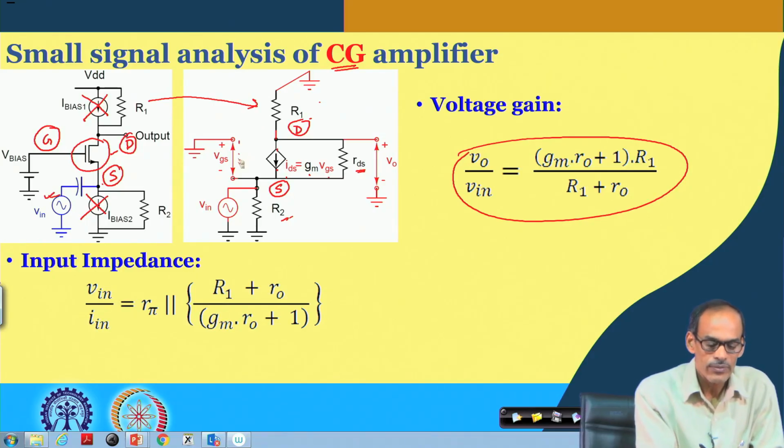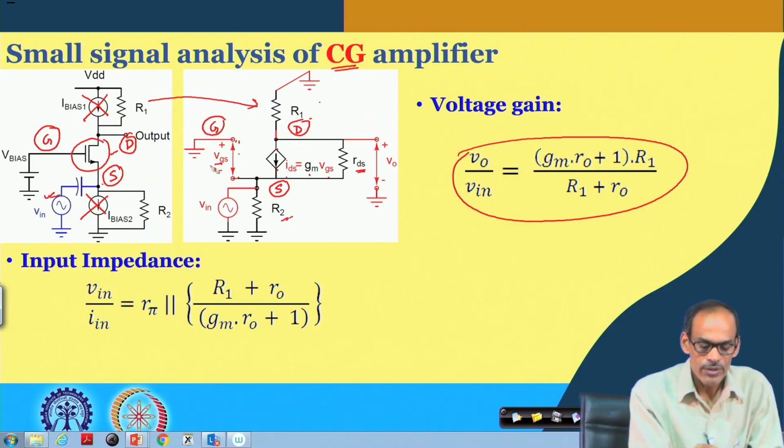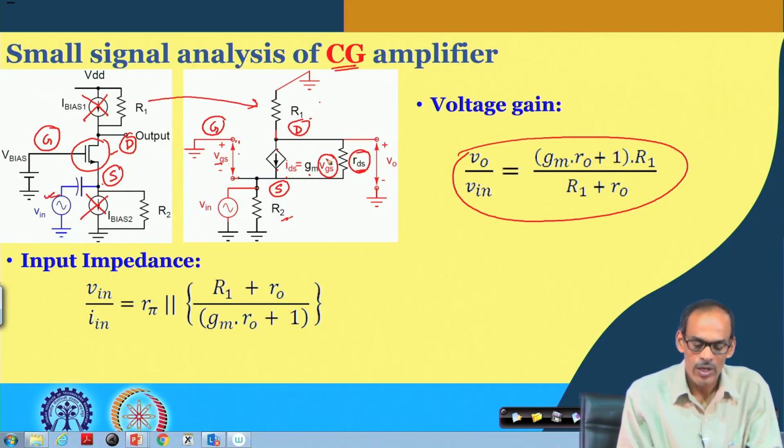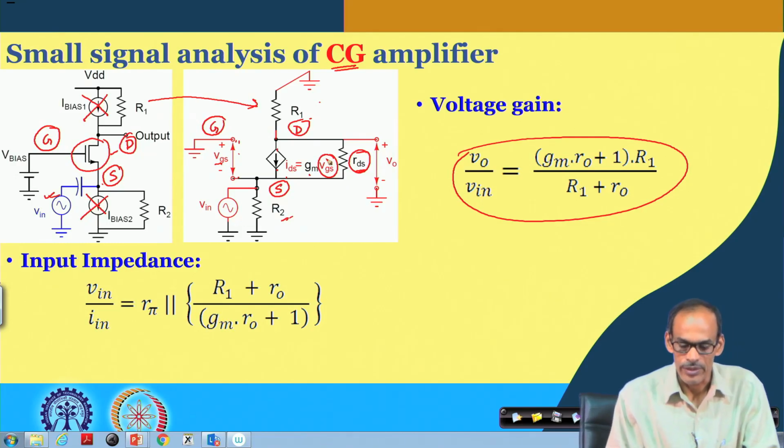Of course, we do not have R pi here, and the voltage from gate to source is Vgs. So, instead of Vbe, which we saw for the common base configuration, we have Vgs, and instead of Ro we have Rds. The rest of the things are similar.